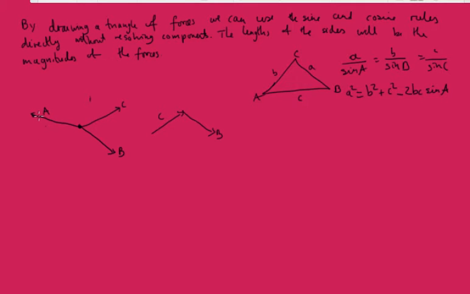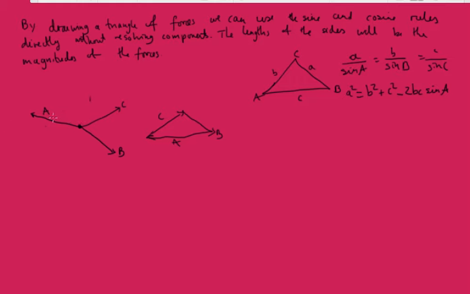And then if we were to take vector A, and say we moved A along the B vector till the end of A came to the end of B, it would be coming here and it would join up with C here. So there we've got a nice triangle of our forces.